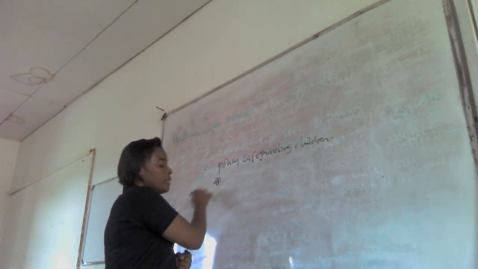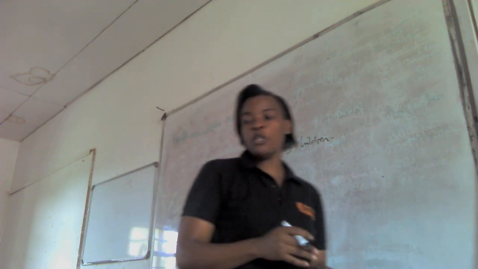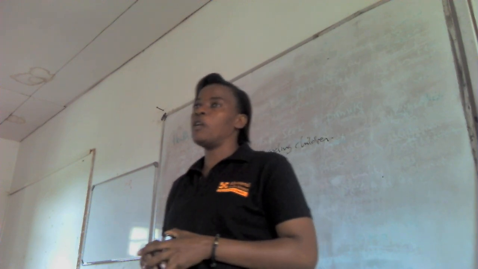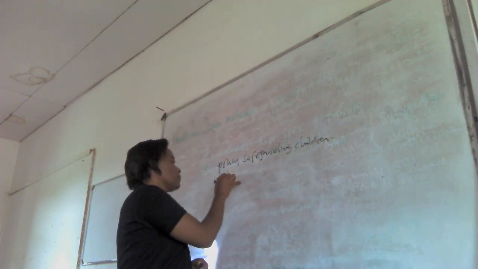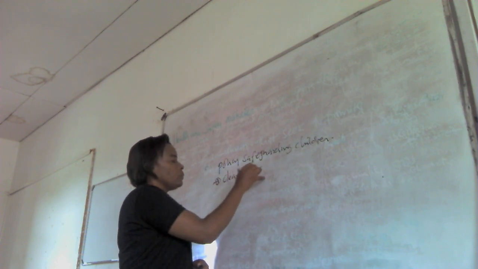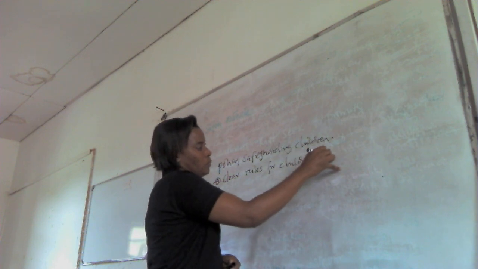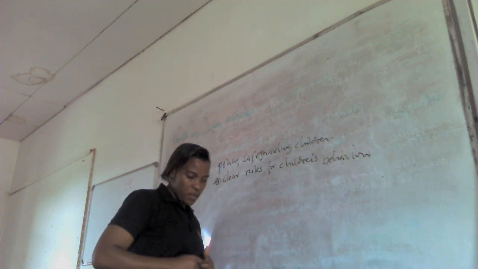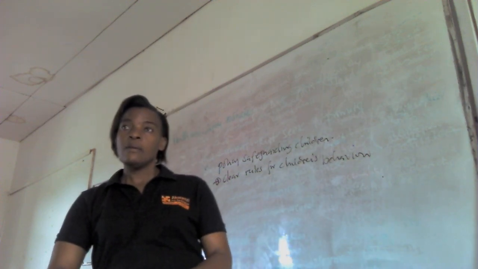The first one: there should be clear rules for children's behavior. Do you agree that the behavior of a child can be a source of harm, can be hazardous? Yes.